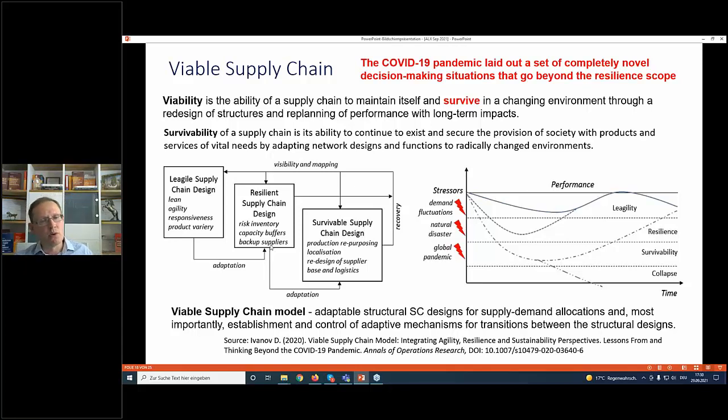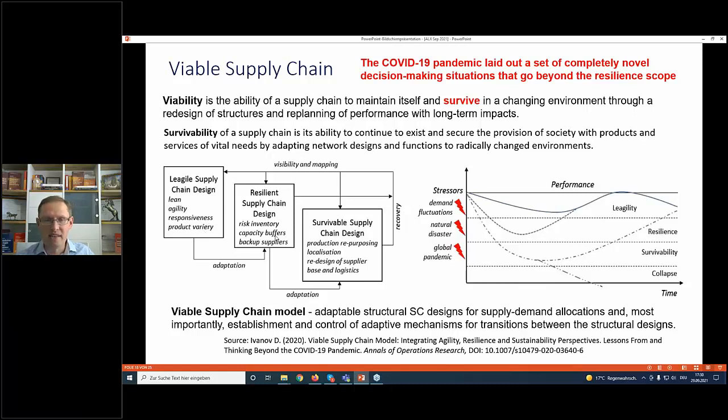The viable supply chain model, which I developed in 2020, here you can see the reference for this paper. It's based on three major supply chain designs and adaptation mechanisms between these designs. These designs are lean or agile, resilient, and survivable.